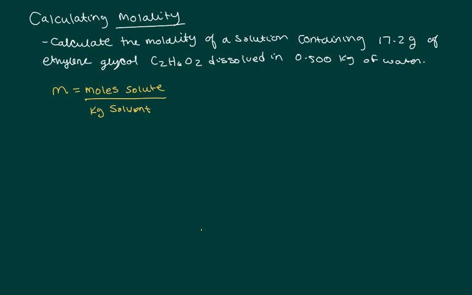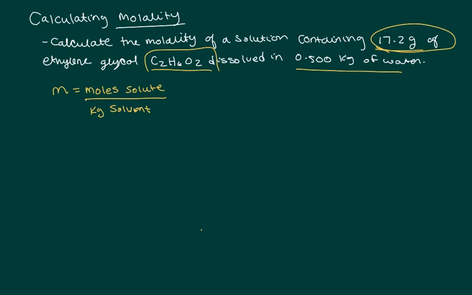With that being said, let's calculate the molality of a solution containing 17.2 grams of ethylene glycol with this molecular formula dissolved in 0.5 kilograms of water. Okay, so it says we need moles of solute, but we have the grams. So how do we go from grams to moles? Molar mass of ethylene glycol.